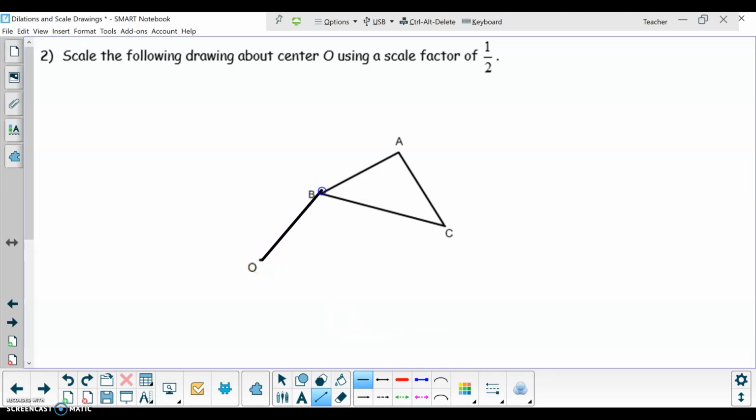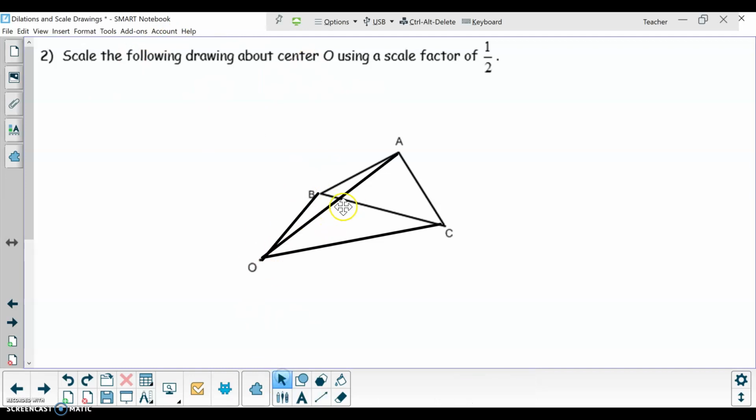I'm going to take my straight edge, and I'm going to connect the center to each vertex. Okay, and in this example, it's not wrong if you extend those lines, but you technically don't have to, because we know that our image is going to be smaller than the original. Okay, sorry guys, just bear with me. I'm using a computer mouse as I do this, so.